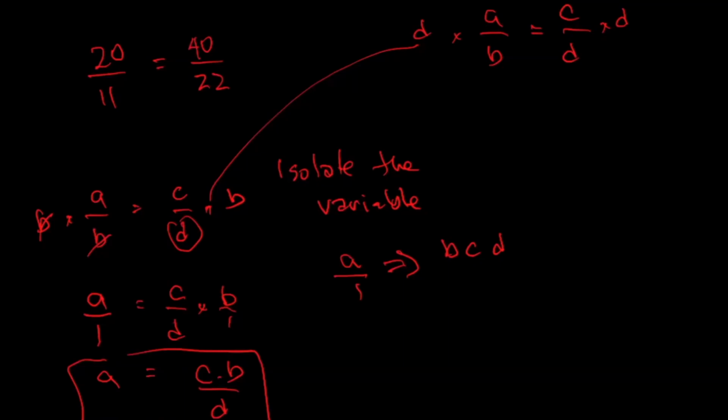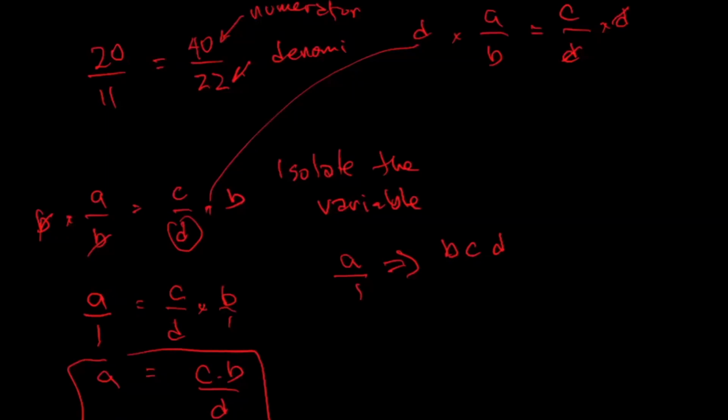Numerator's on top, denominator's on the bottom, so you need to get that variable in the numerator. So what this does is that the D cancels.